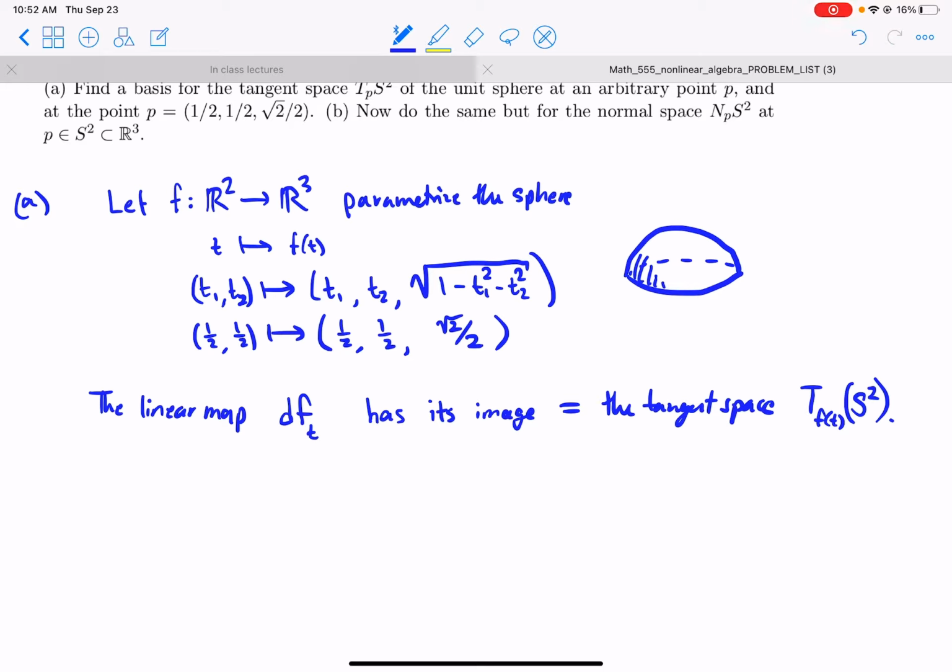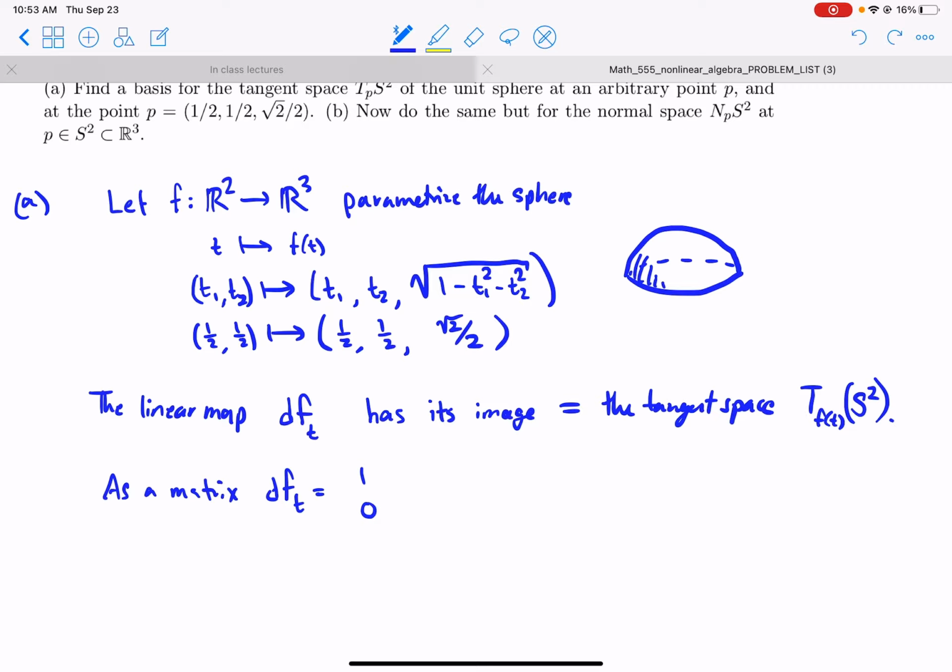Okay? So, great. So what is this linear map, the derivative? Well, as a matrix, df at t is equal to, okay, so the derivative with respect to t1 is there, and the derivative with respect to t2 is there. Those are the two columns. So with t1 I get 1, 0, and here the derivative with respect to t1 will be minus t1, or minus 2t1 over the square root.